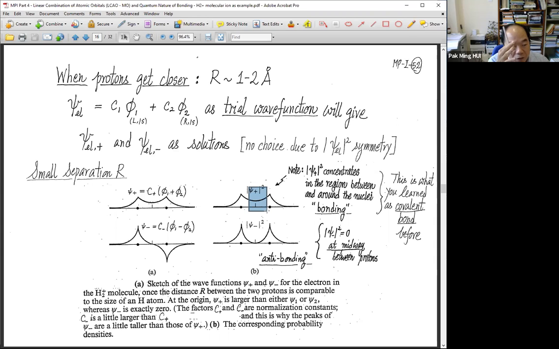Some probability of finding the electron somewhere in between the two nuclei in this region. This is what you learned about covalent bond in high school. The electron can be found somewhere in the middle of the two nuclei. But quantum mechanically, there is more probability closer to the nuclei, okay? The point is that there is appreciable probability in the middle.